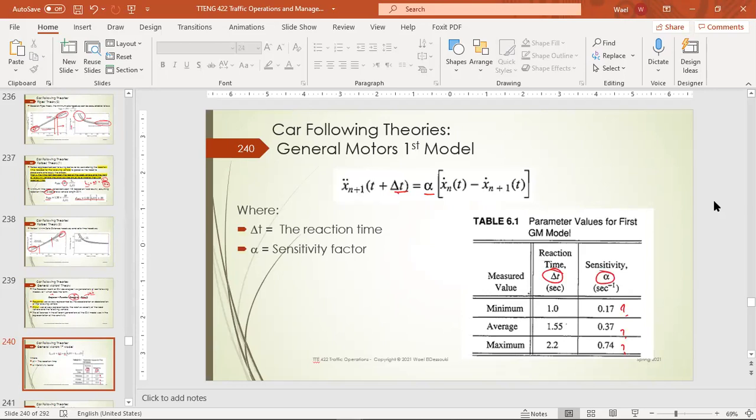And the reaction time was as minimum as 1, and it was as long as 2.2 seconds. Regarding the sensitivity, it ranged from 0.17 to 0.74, and that was the average observed value. As you can see, it's a wide range of values.